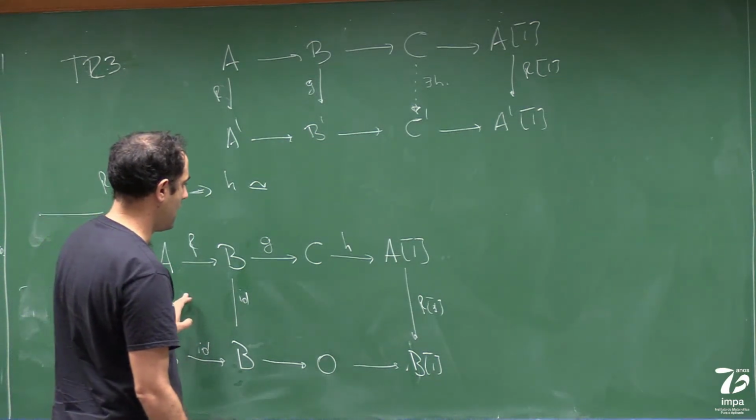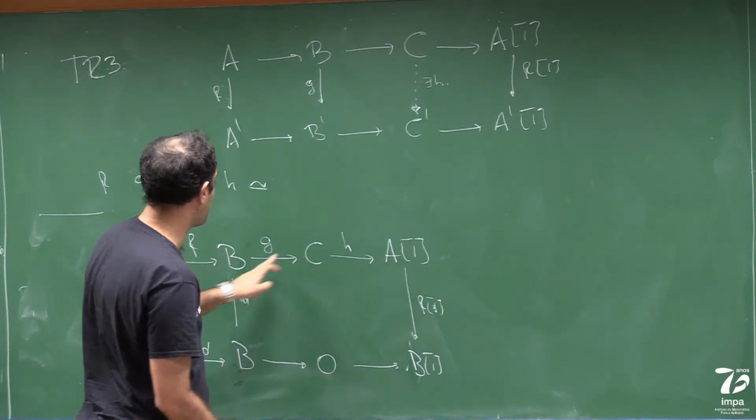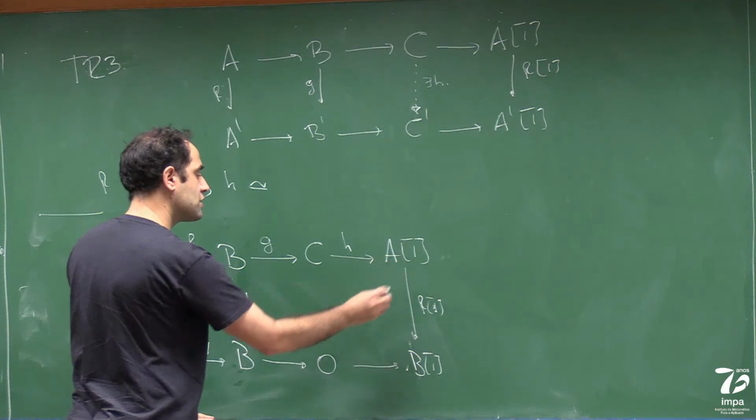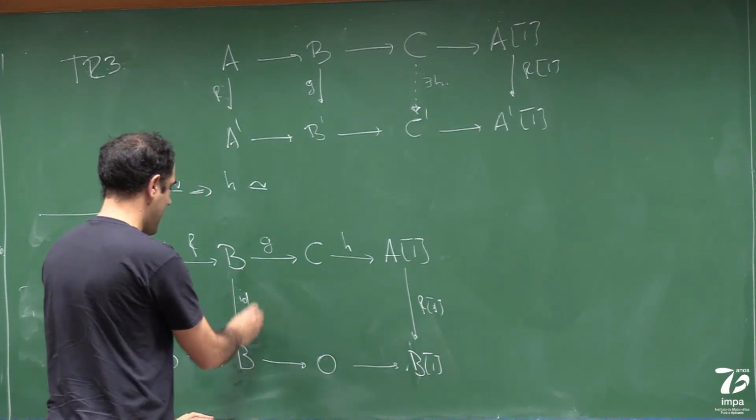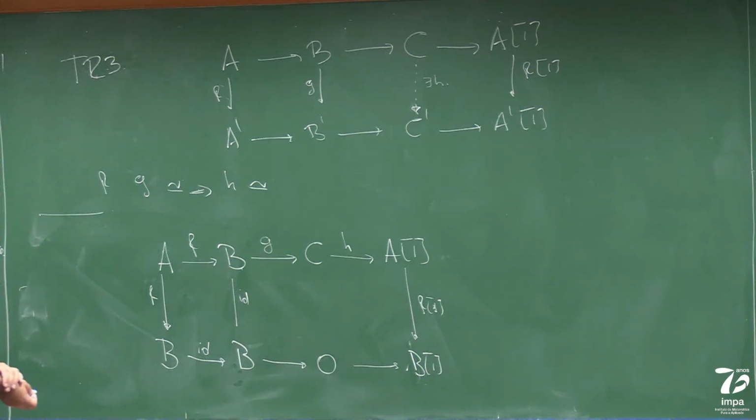Okay. Now, here I see the map from B, this composition of B, C, H. And here I have B, and this composition here is 0. So now what I would want to say is why I would want that diagram to commute.